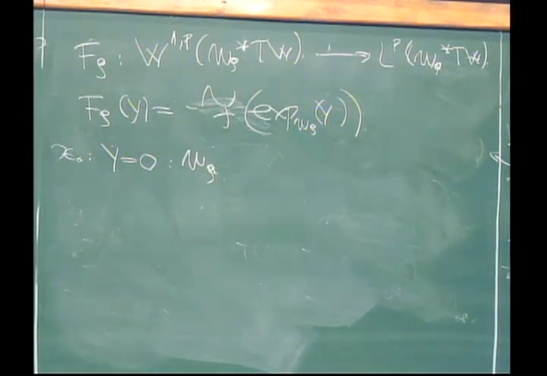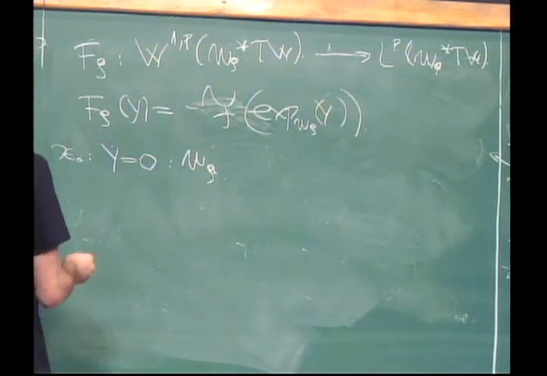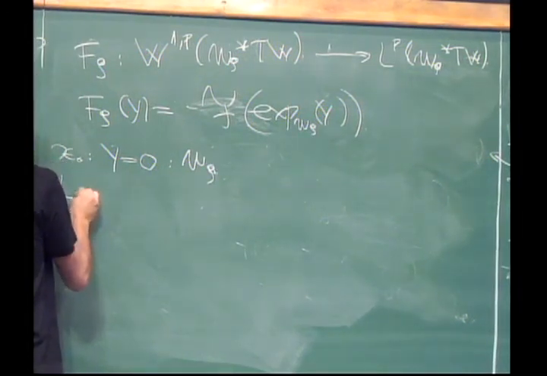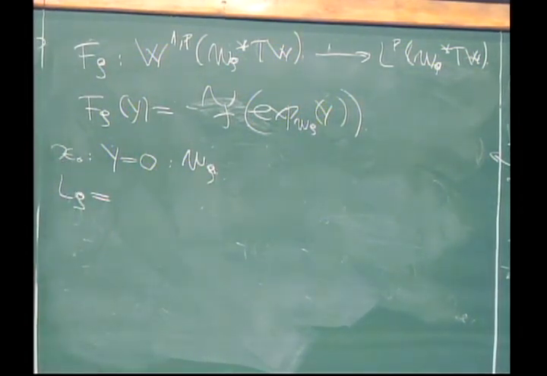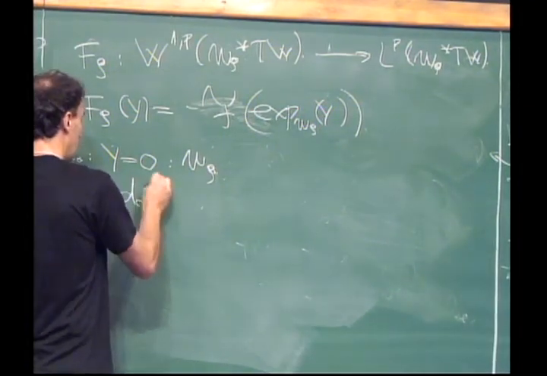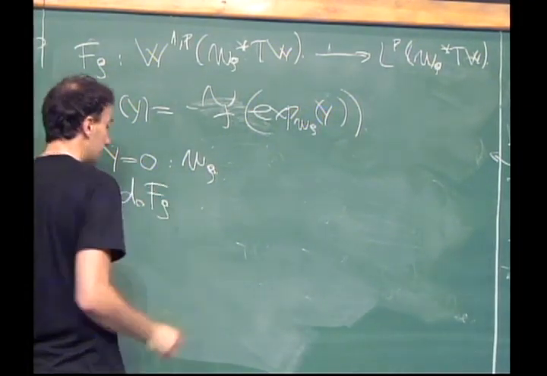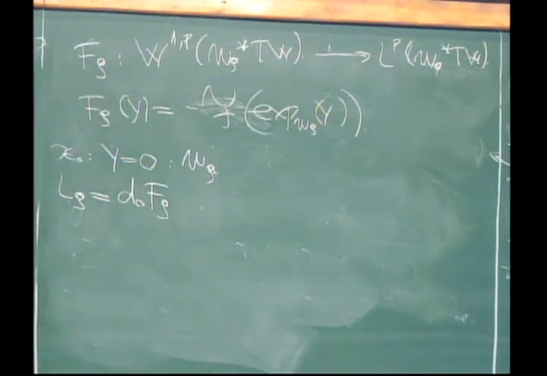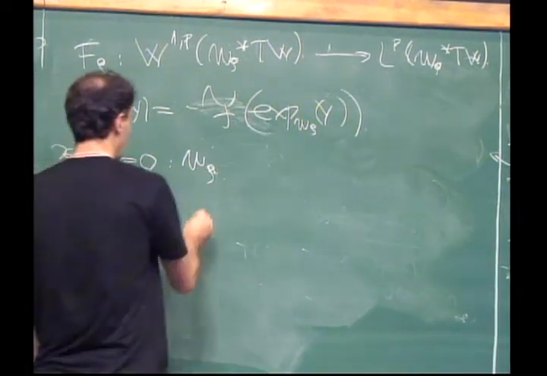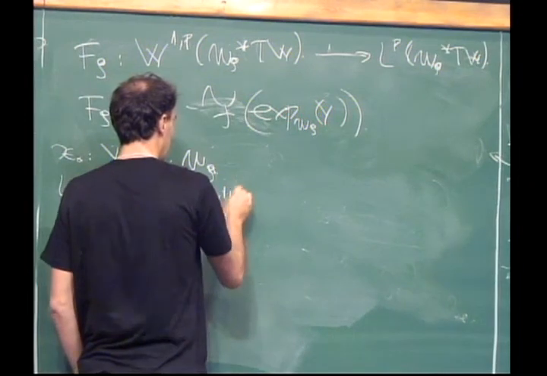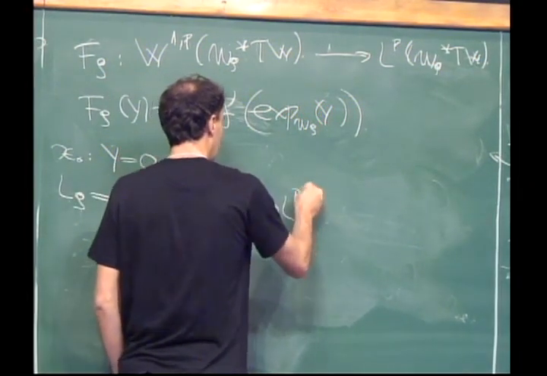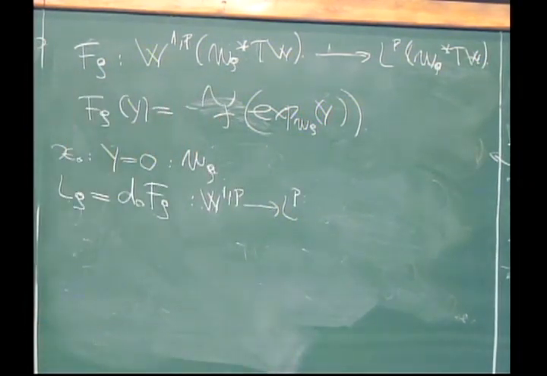Now, we have to consider, therefore, this differential L rho, which is the d0 of f rho, going from W1P to LP. Of course, it's not bijective.